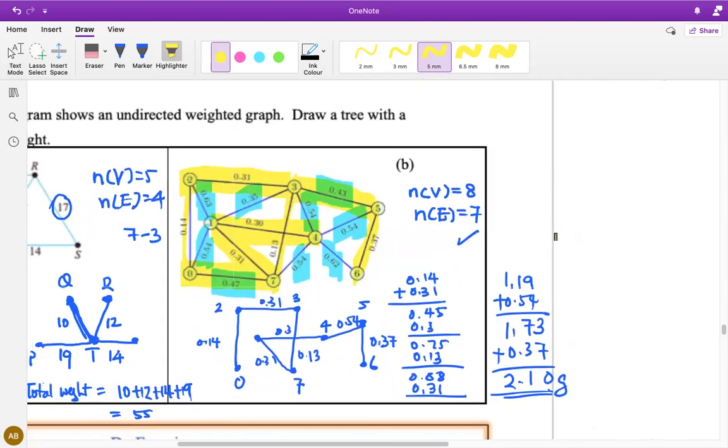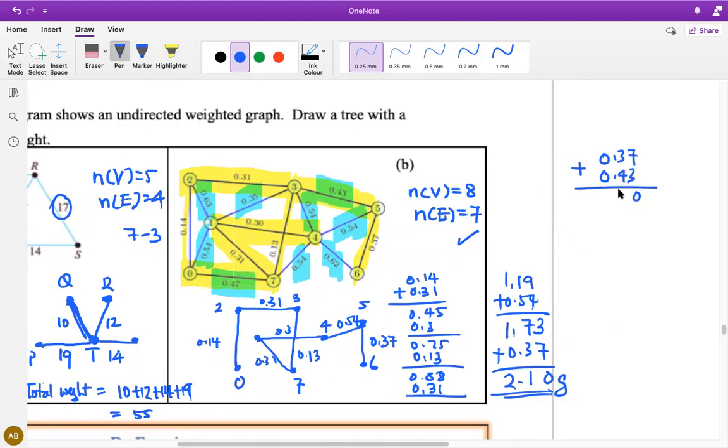All right, so let's check. So here, there's an alternative way. Okay, so we start here, 0.37 plus 0.43. So 0.8. So 0.8 plus 0.31, 1.11.